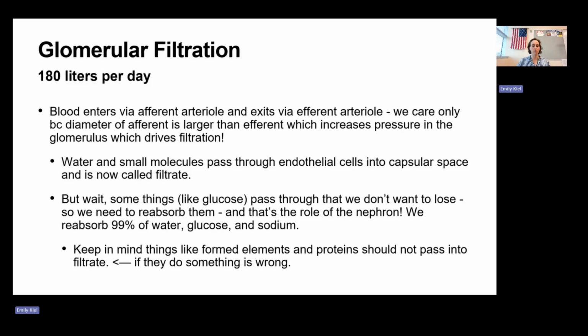And as we go through here, just note everything here that happens is related to osmosis, diffusion, or some kind of active transport. And so it's good to be aware of how we are creating gradients for these things to move and to obtain our goals. In this case, the gradient is created from the pressure. So the pressure is what is allowing certain things to be moved onward as tubular fluid and certain things to stay in the body.